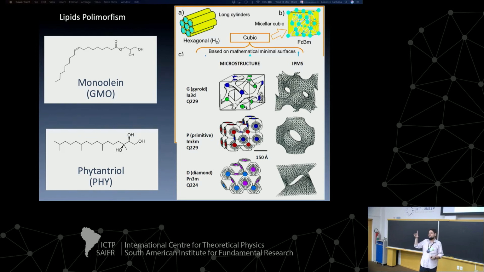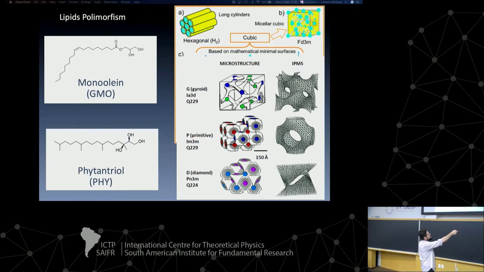We have water tunnels, and between two adjacent water tunnels, let's say this one blue and this one red here, we have a kind of bilayer in a minimum surface arrangement. Don't worry, it's very difficult to understand how these are organized. I forgot to bring it today, but we even constructed some kind of sketch to try to understand better how they are organized.